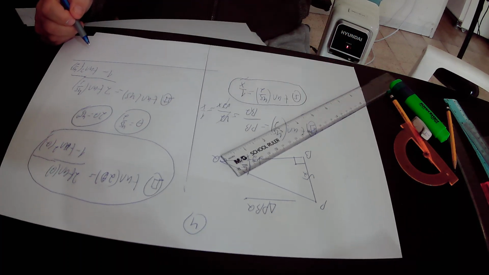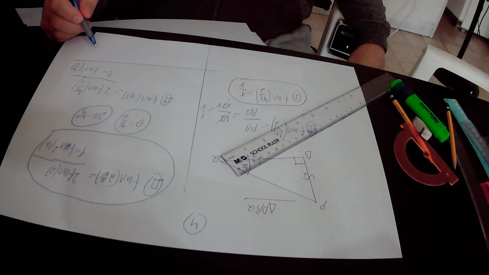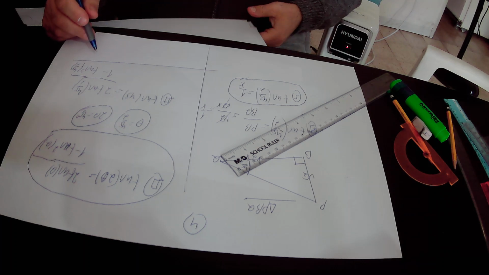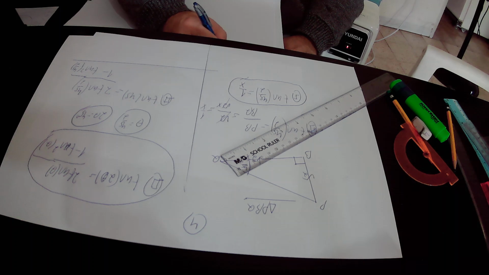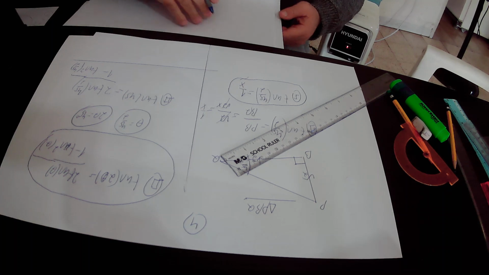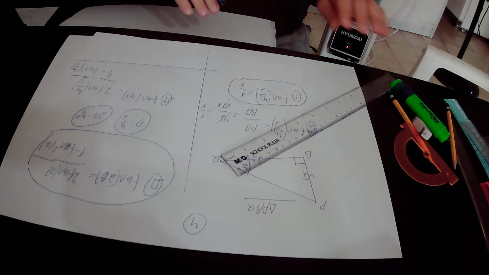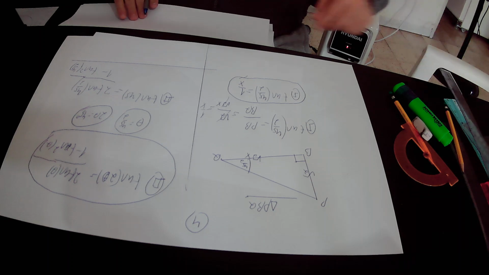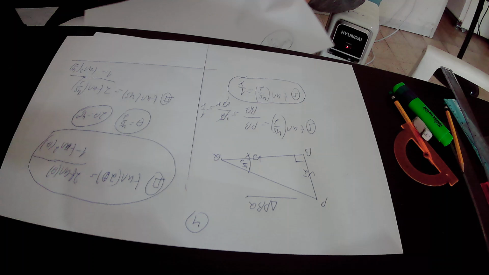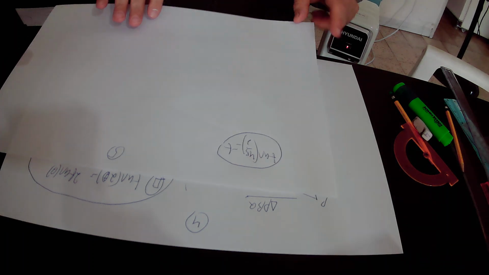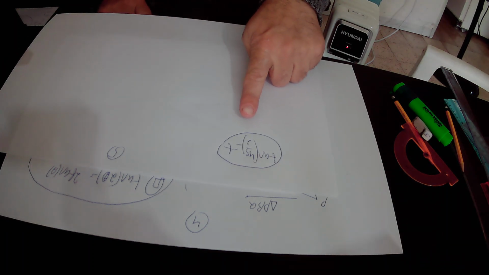Here we will define tangent 45 over 2 as t. According to our definition, tangent 45 over 2 equals t.